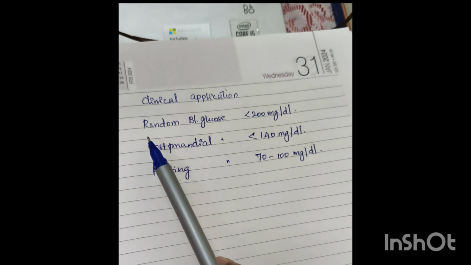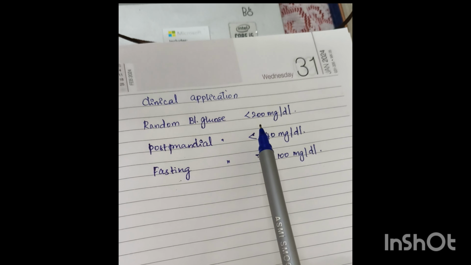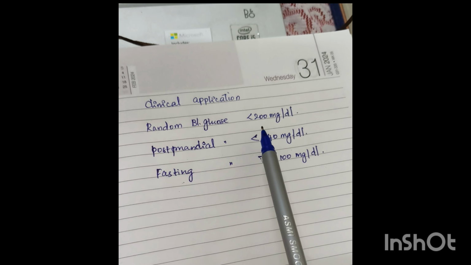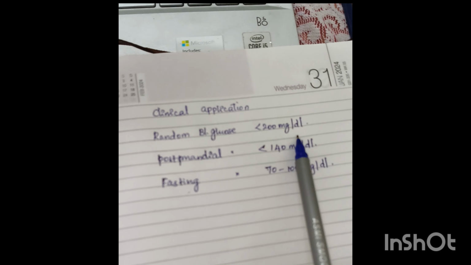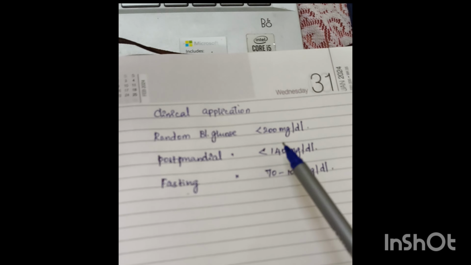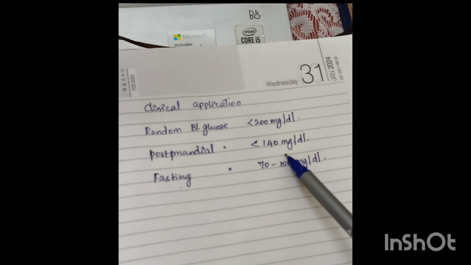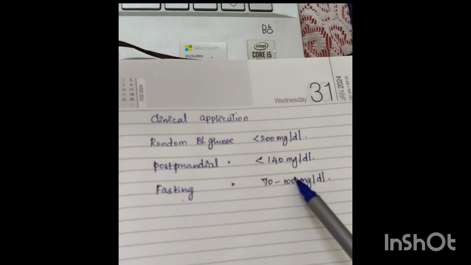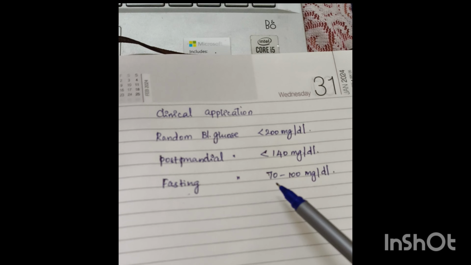And the random blood glucose level, which is taken any time of the day irrespective of fasting or postprandial, should be less than 200 milligram per deciliter. This is the level in a normal subject.